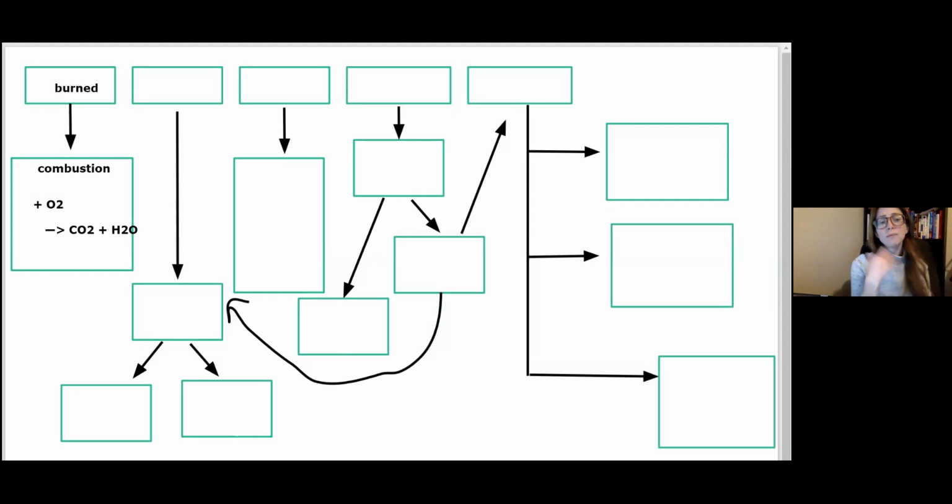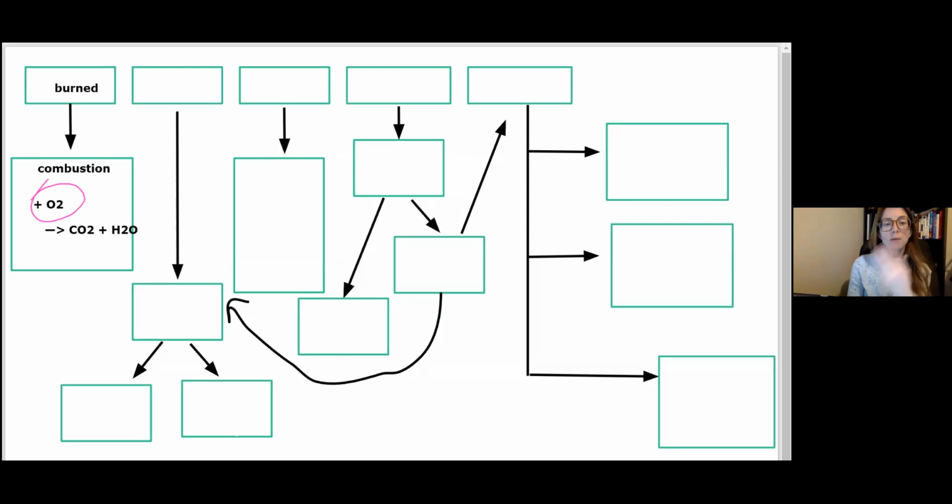Why are we adding O2 and making CO2 and water? Think about burning a candle in the lab that you did. You know that as soon as you covered that candle up, you took away the oxygen from the air. Without this O2 here, without the oxygen, nothing can burn. So that's how you remember that we're adding O2.